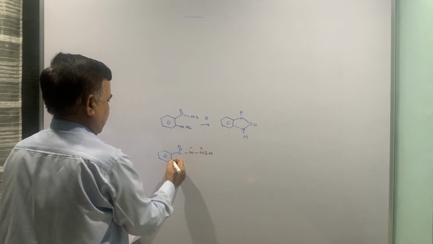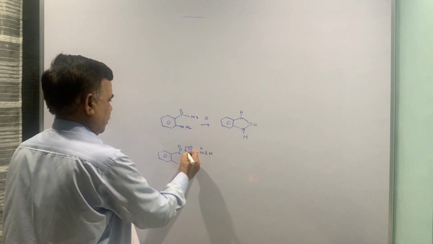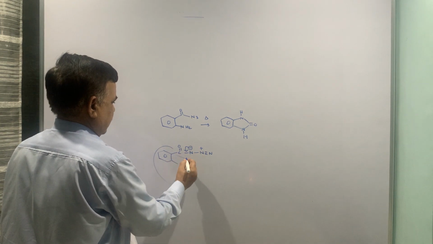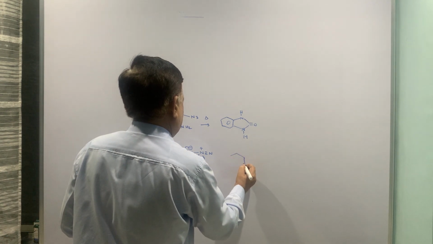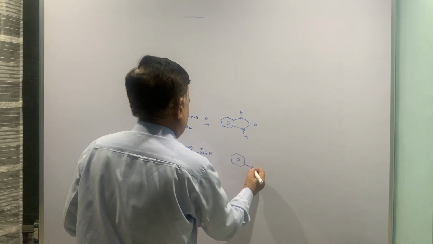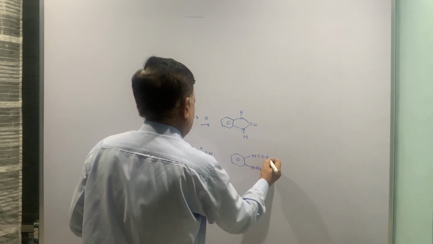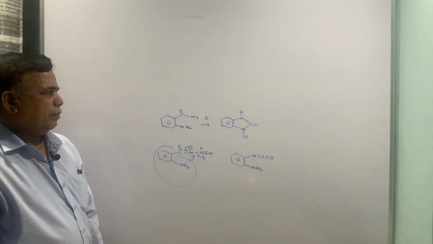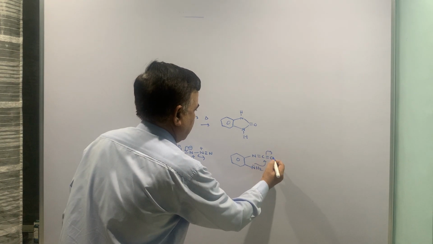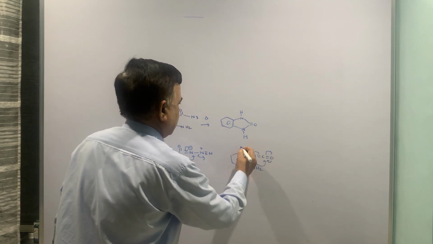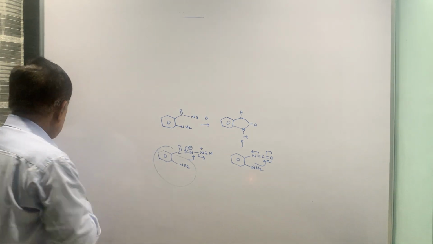The resonating structure I am putting, this comes back, the entire group migrates, this goes out. So as a result, I will put it like this, only the bonding will get changed, N double bond C double bond O, right? And that is the reaction.